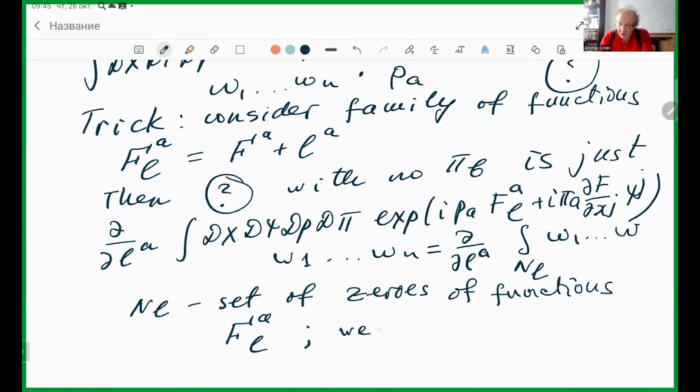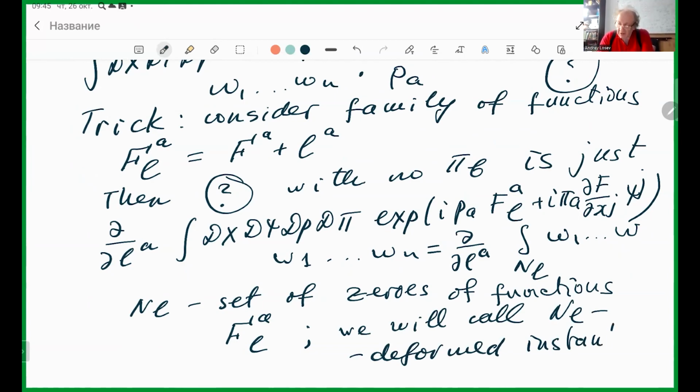We will call them L deformed instantons. And what is interesting is that I still have a finite dimensional integral.